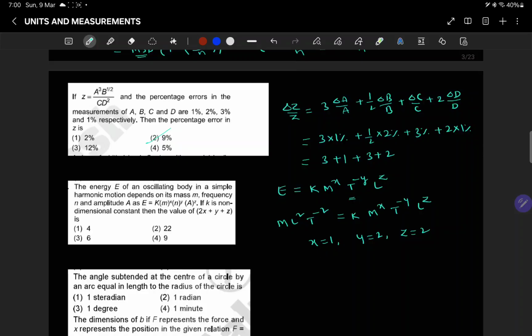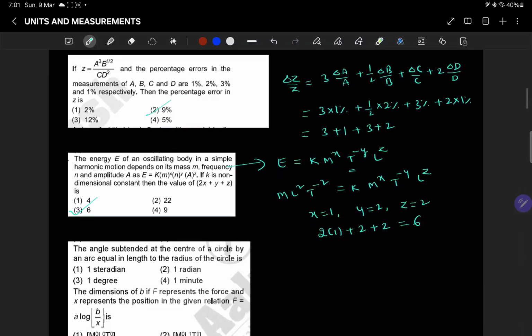Now 2x is 2 into 1, plus y 2, plus z 2. So 2 plus 2 plus 2 is 6. So the answer here is 6, third option, students.